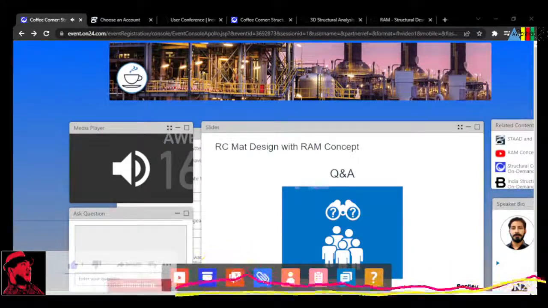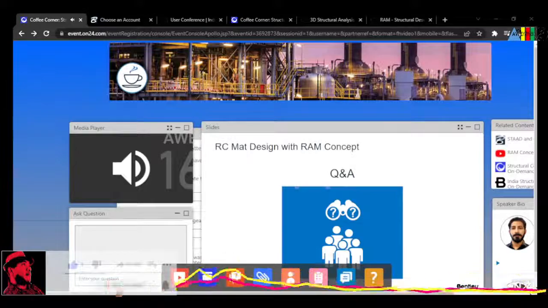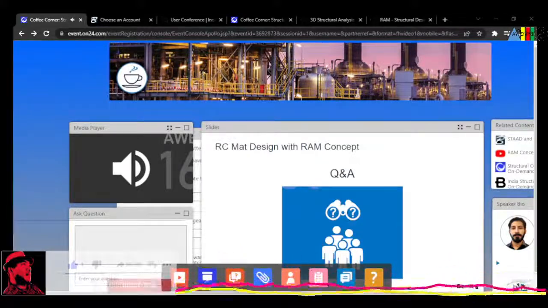If you are looking for a STAAD tool, then RAM Concept isn't part of the STAAD brand. It's a product from our RAM brand. It only has the design for mat foundation.